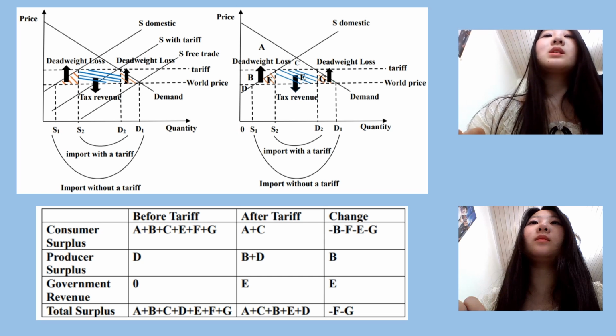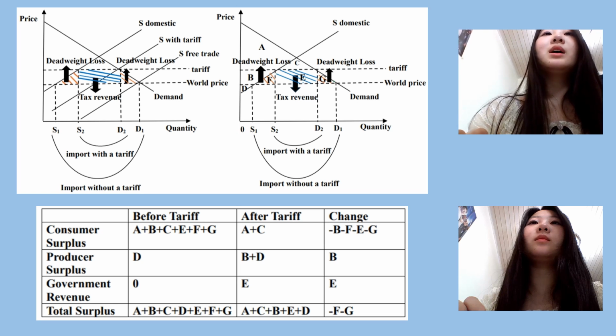After the tax is imposed, the supply curve shifts to the left as the price of imported goods rises. Nonetheless, the supply curve at this point flattens out to the right compared to a domestic-trade-only supply curve due to the complementary presence of foreign goods. However, compared to free trade, the supply curve is shifted to the left.